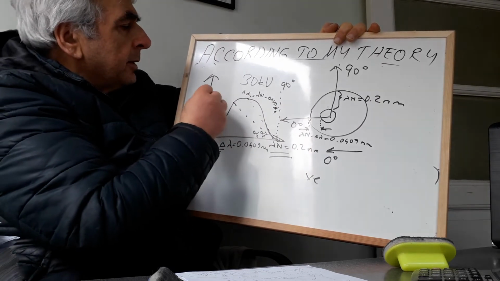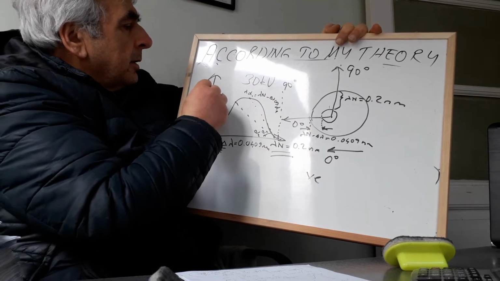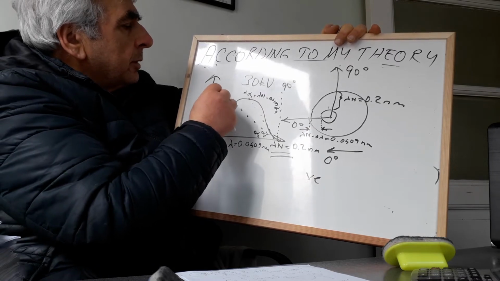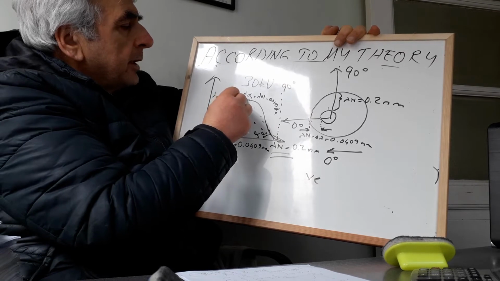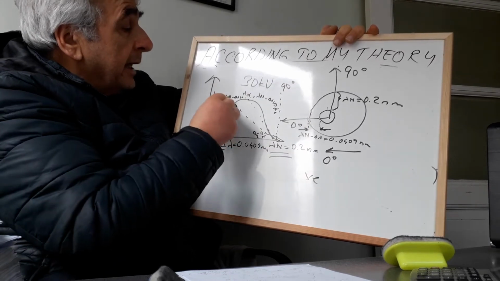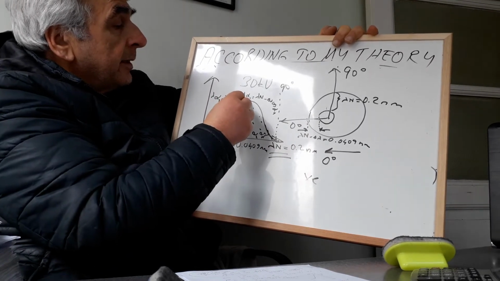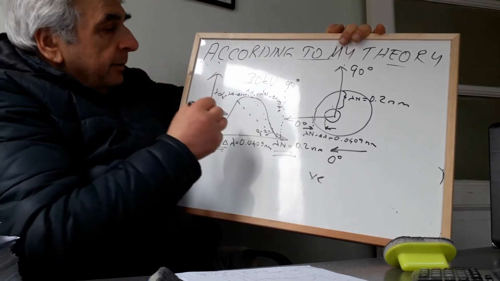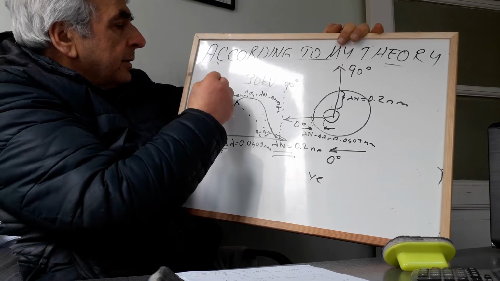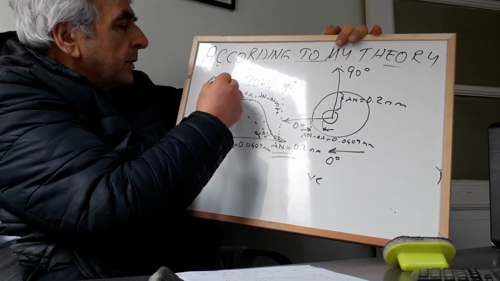At this point, λ alpha 2 equals λn minus Δλ cosine alpha 2, etc. And at this point, the wave velocity is different.